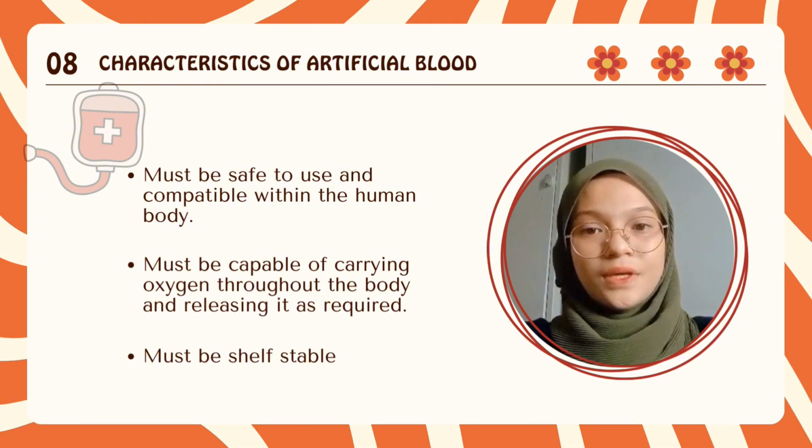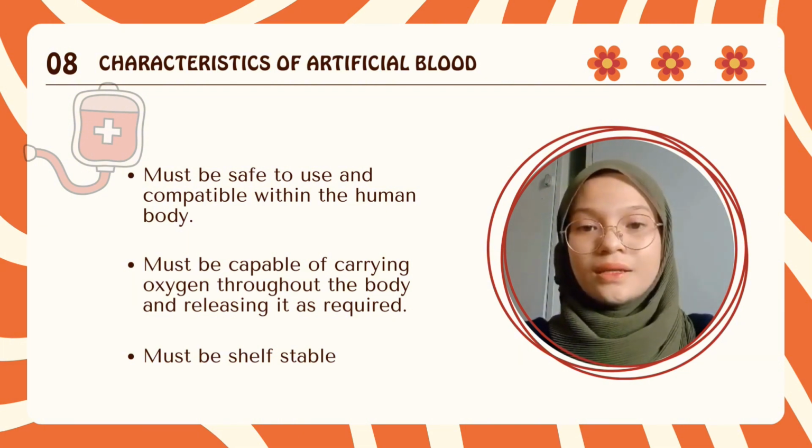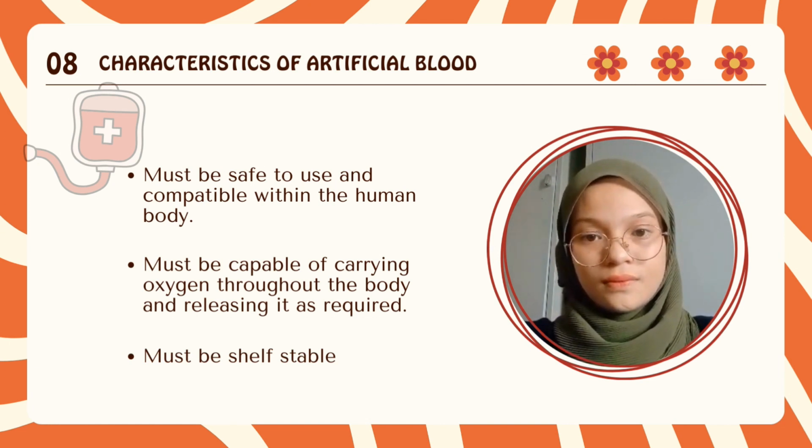Next, it must be capable of carrying oxygen throughout the body and releasing it as required. To reduce the possibility of negative responses or consequences, artificial blood should be compatible with a wide range of blood types. It should ideally be compatible with all blood types, removing the requirement for blood typing and cross-matching prior to transfusion.